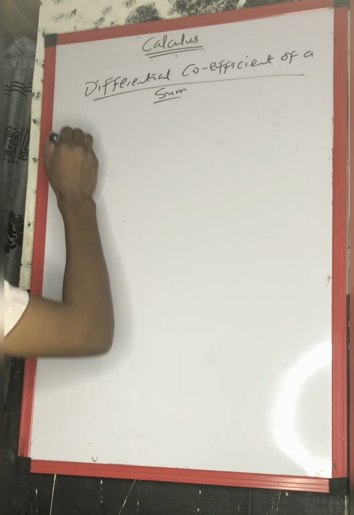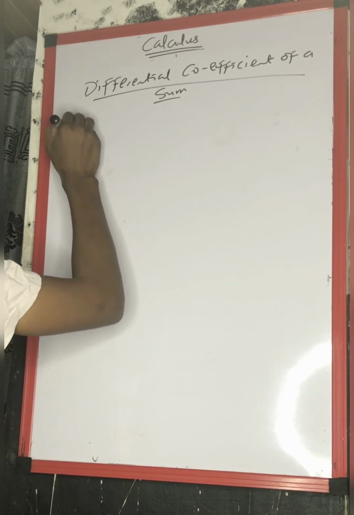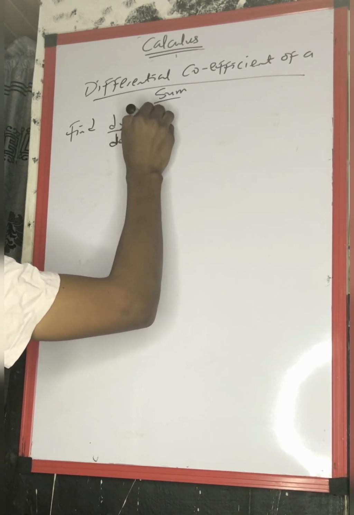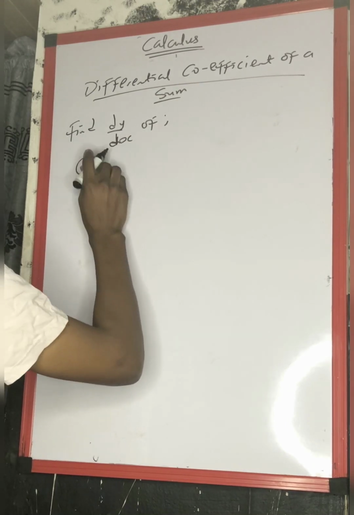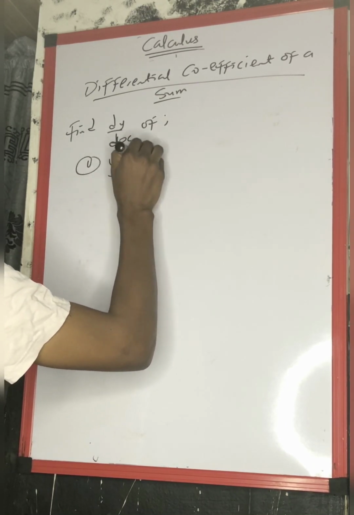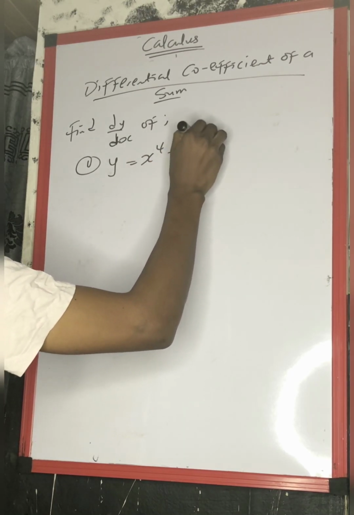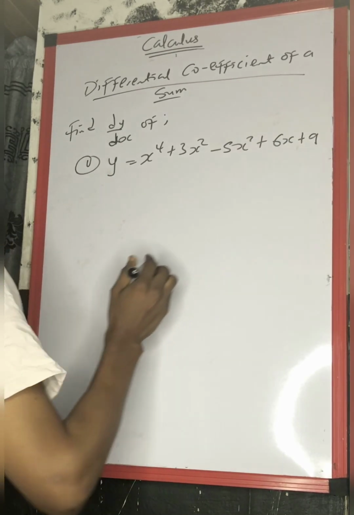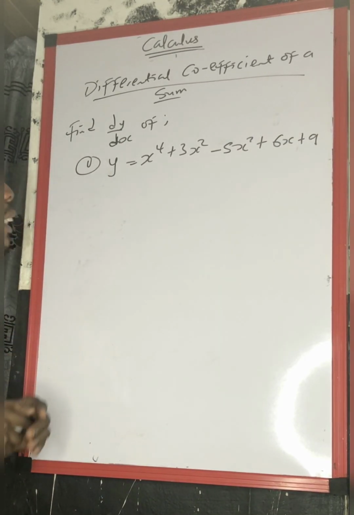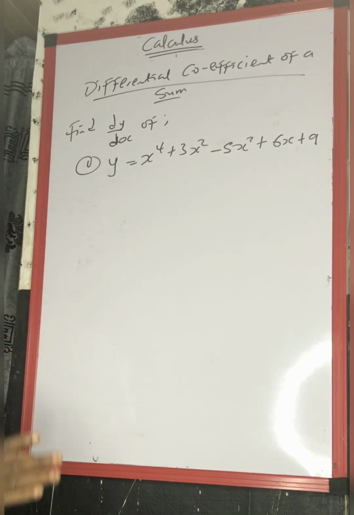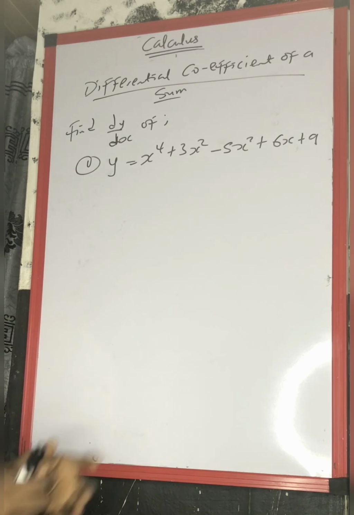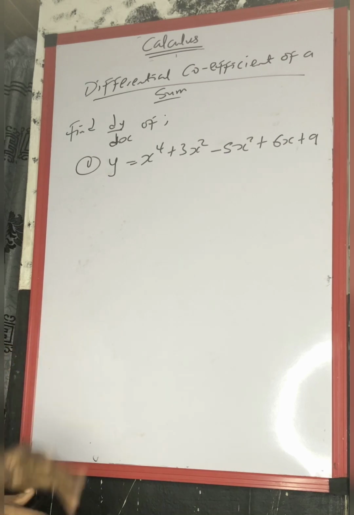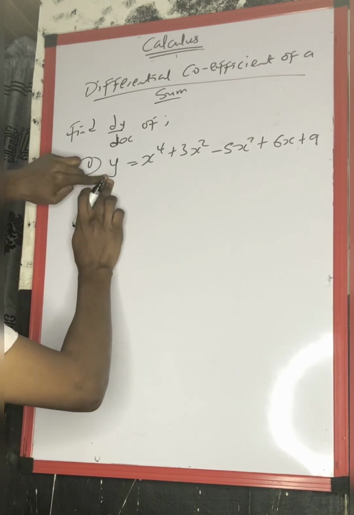So number 1 question: if you are asked to find dy/dx of y equals x^4 plus 3x^2 minus 5x^2 plus 6x plus 9. This is the differential coefficient of a sum. Now we are combining everything together. Now that you know the basic process, this one will be a walkover.